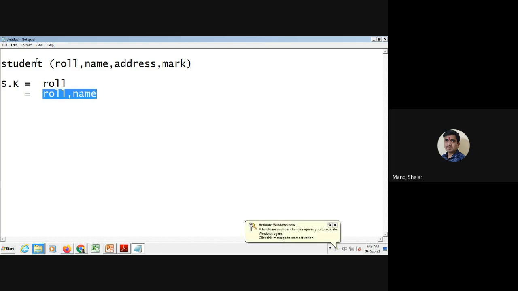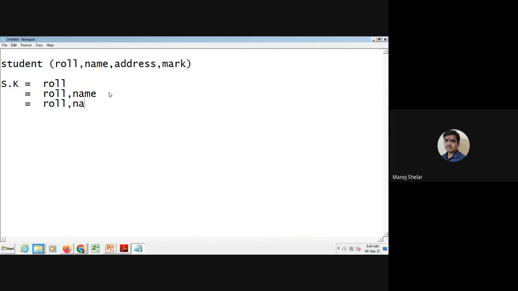Roll number is a key attribute of this relation. So in this set, roll number and name combined is a super key. No problem. Then roll number, name, and address is a super key, because a key attribute is available here.